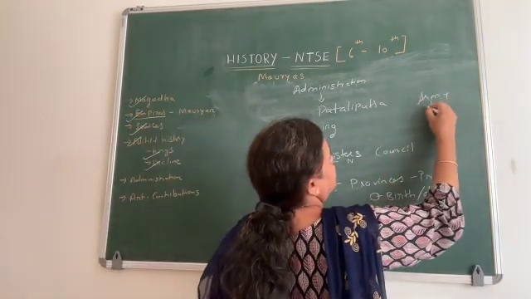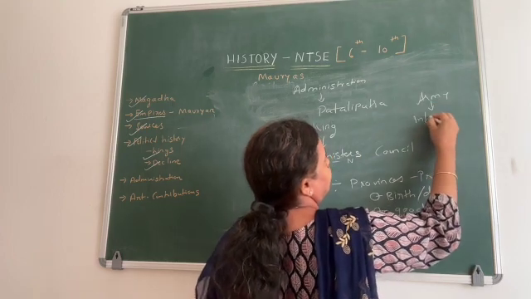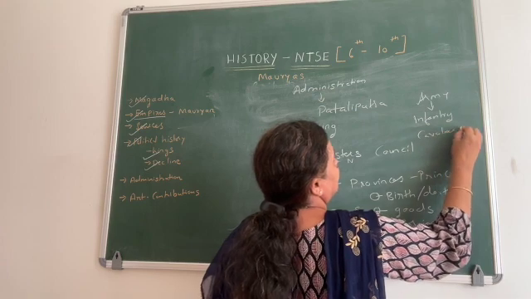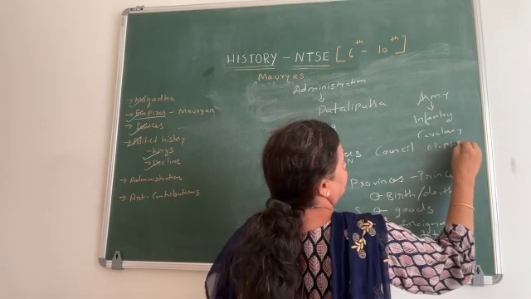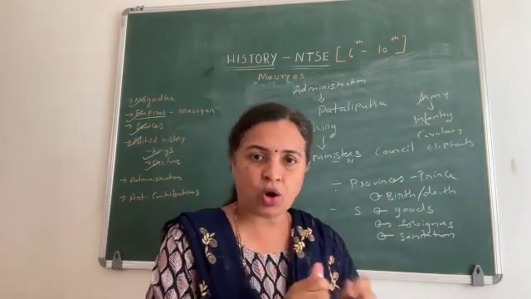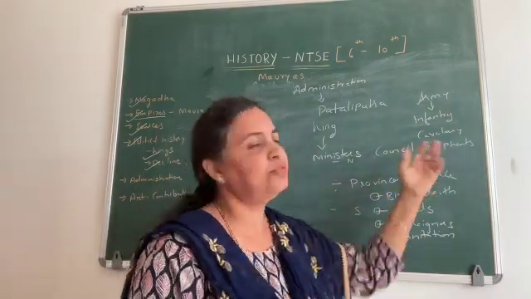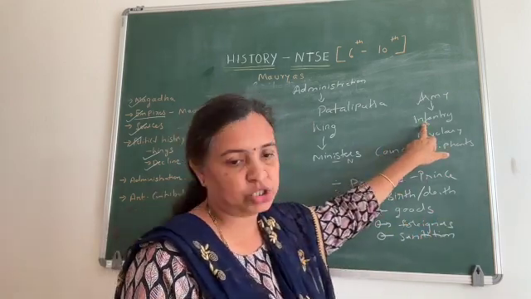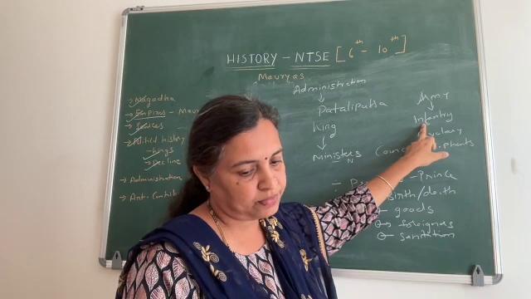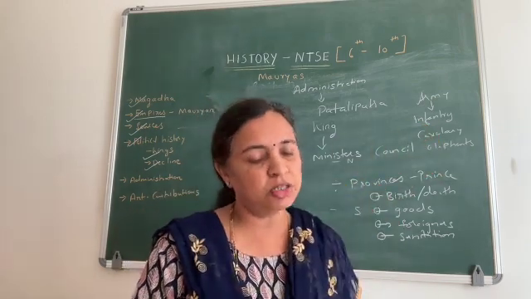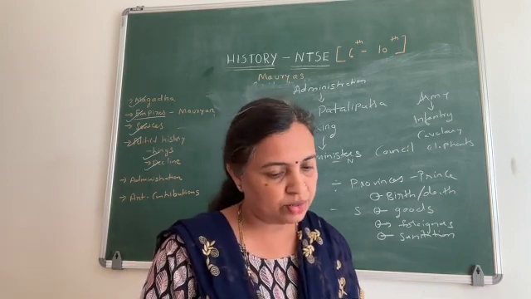Then what about the army? The army was divided into infantry, cavalry and elephants. Infantry means soldiers, cavalry means horses, and elephants you already know. There were nearly 6 lakh soldiers, and cavalry was some 30,000. This is what is mentioned in the sources of history.